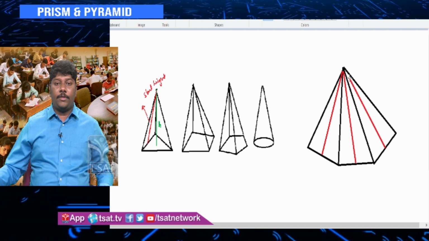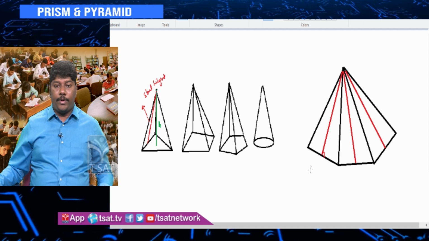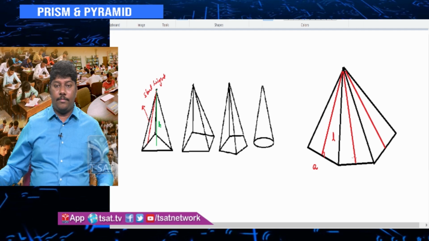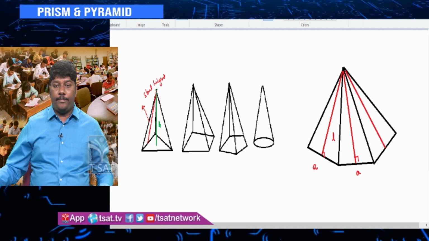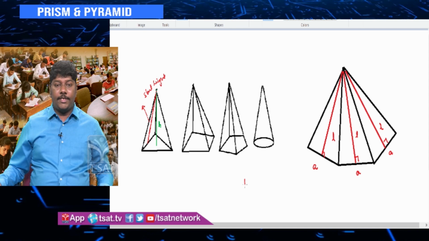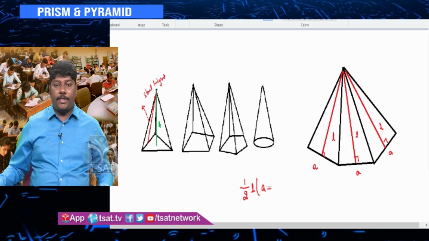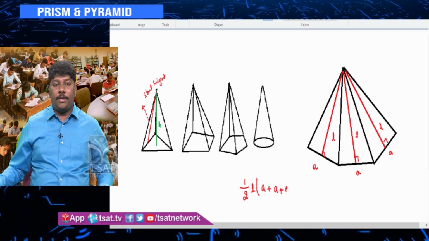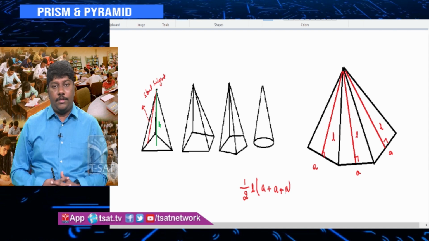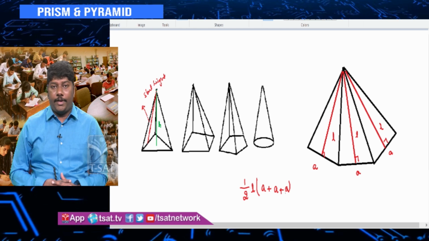So, how do I find out the area of these three triangles? Half into base into height. So, AL. I would simply say half into height, which becomes L. It is about A plus A plus A. In case of a triangle, it becomes A plus A plus A. Suppose it is a rectangle, then you have to add the perimeter of the rectangle.